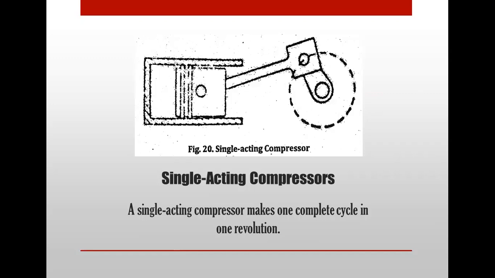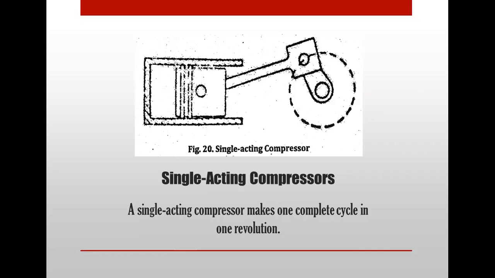The cylinder of this reciprocating air compressor uses only one piston for supplying and discharging pressurized gas. The piston works only in one direction, which is why it makes only one complete cycle in one revolution.